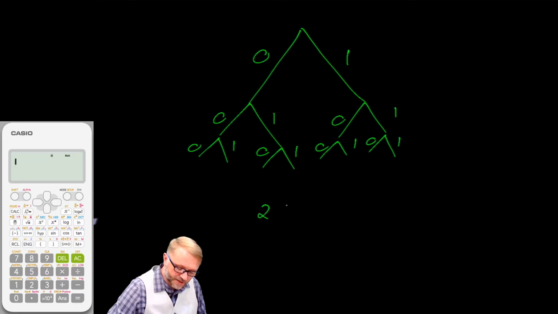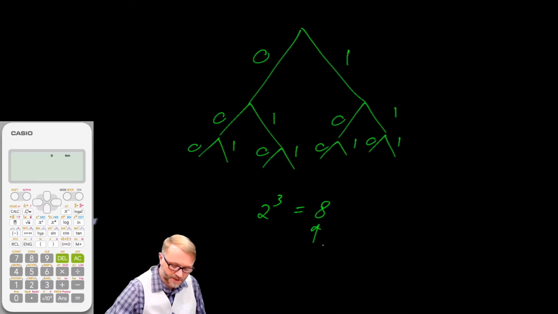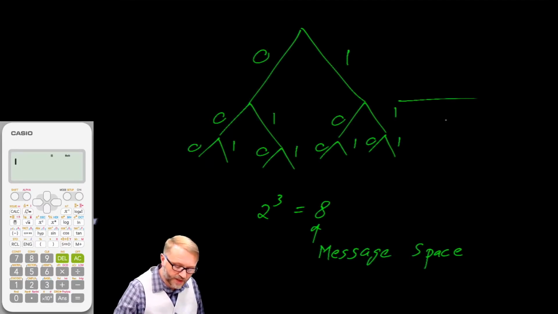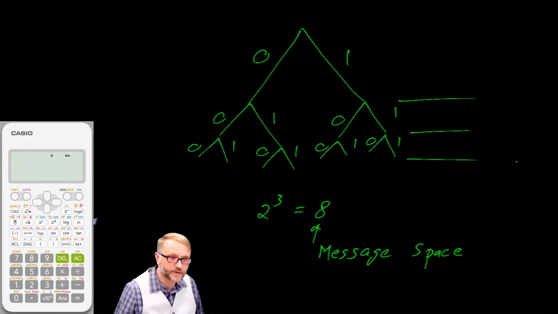And we said 2 to the 3, where 3 is the number of questions that we asked, is equal to 8. Or if you prefer, we could talk about this being the message space. With 3 questions, we are able to uniquely identify 8 different items.